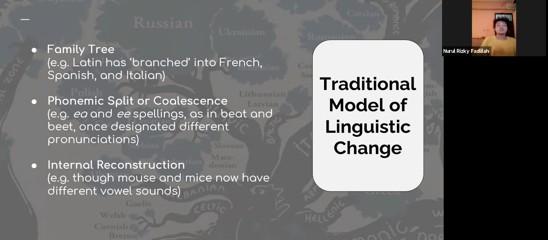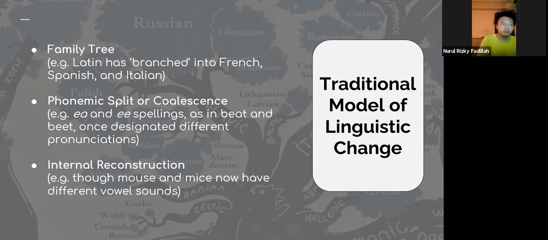And next, the traditional model of linguistic change. First is the family tree. For example, Latin has branched into French, as I said before, Spanish, and Italian. And the second, the phonemic split or coalescence.